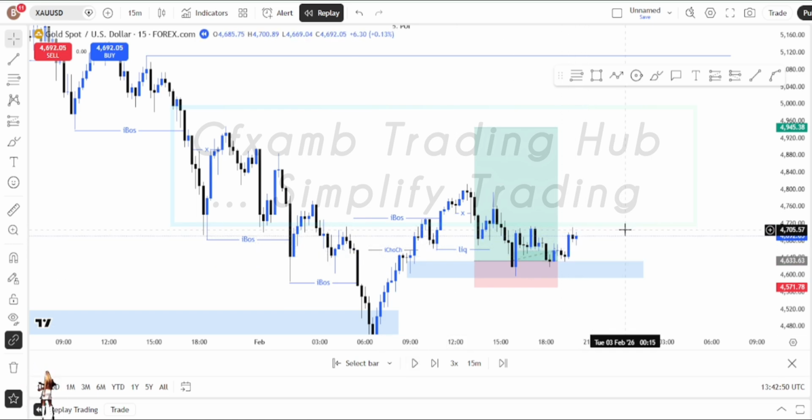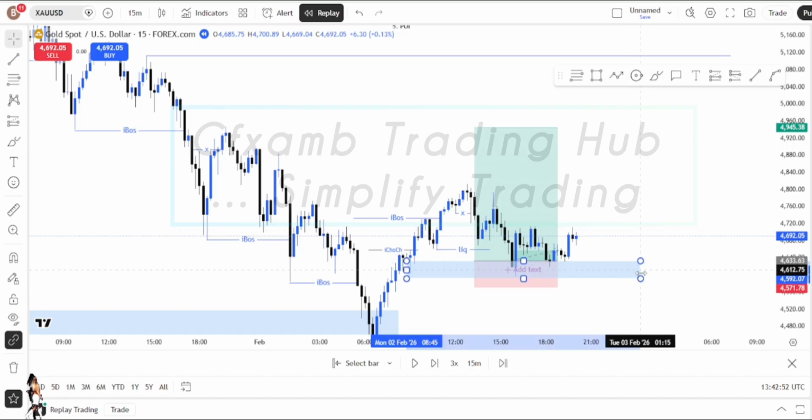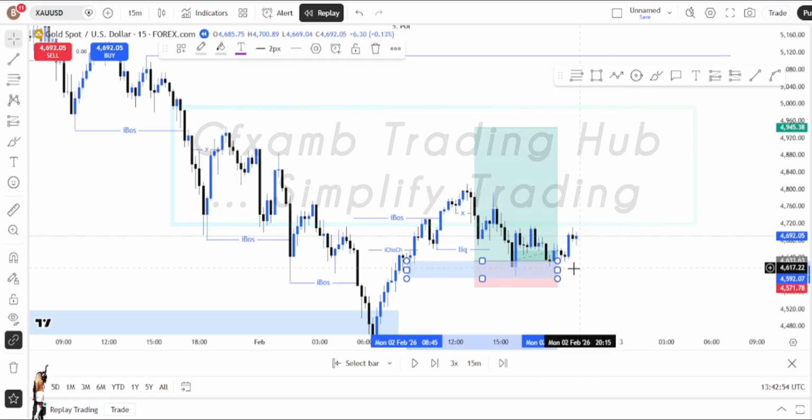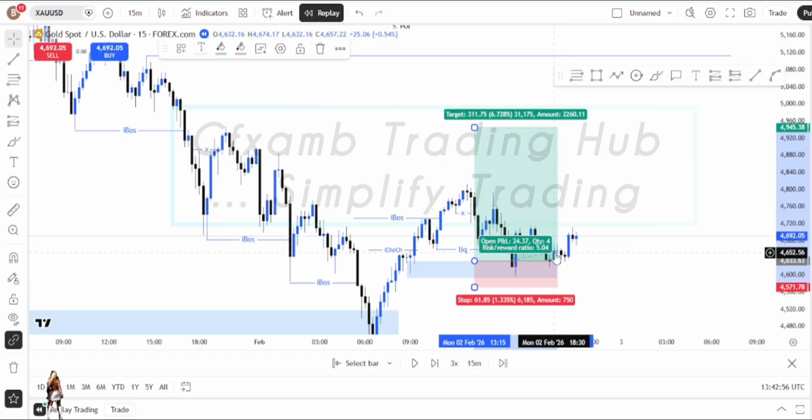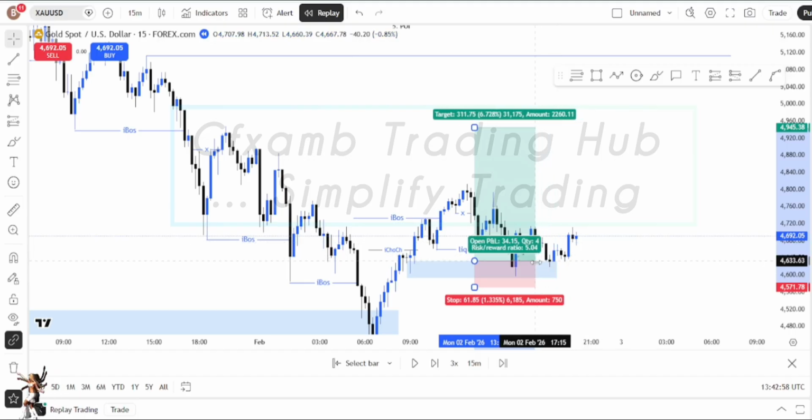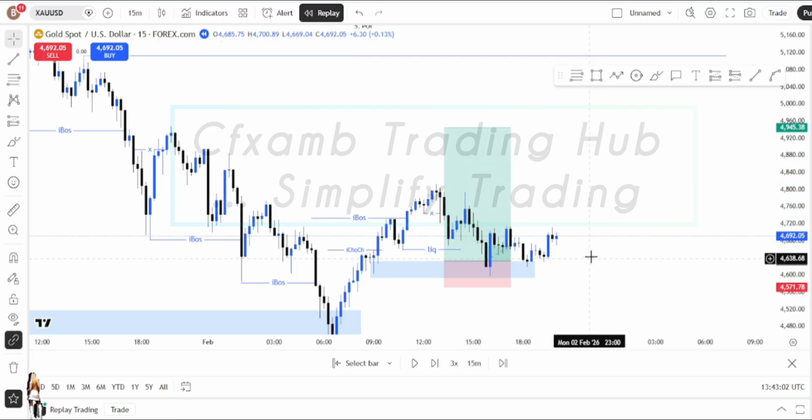Okay, when the market gets to this zone, it has given us another opportunity to join the buy. At this point it's not aggressive again. The first buy is aggressive, but this second buy is no longer aggressive, because if you look very well, we have a close above here. This is an engulfing bar.